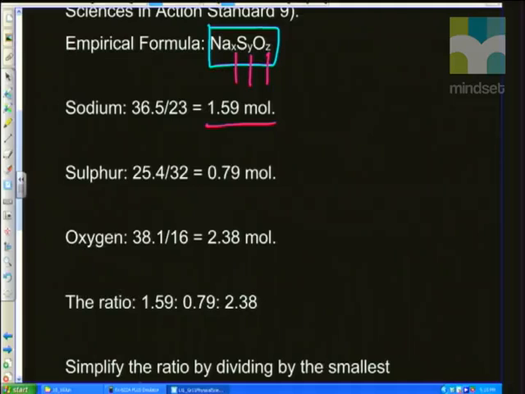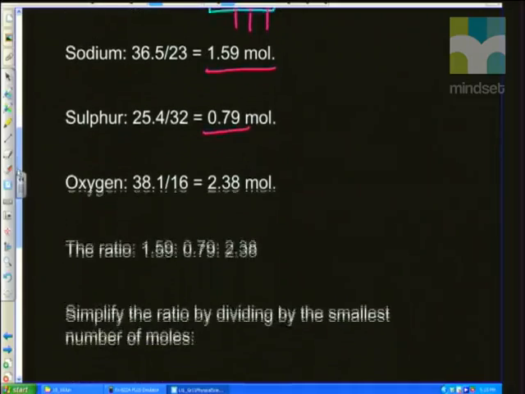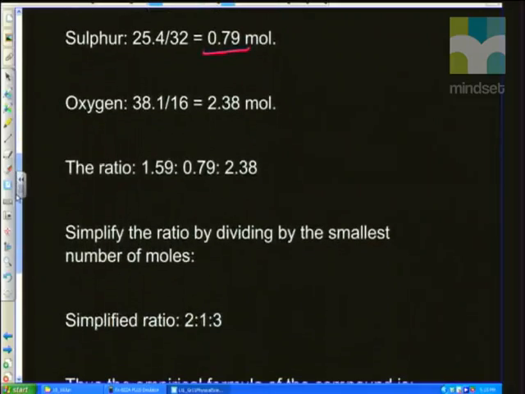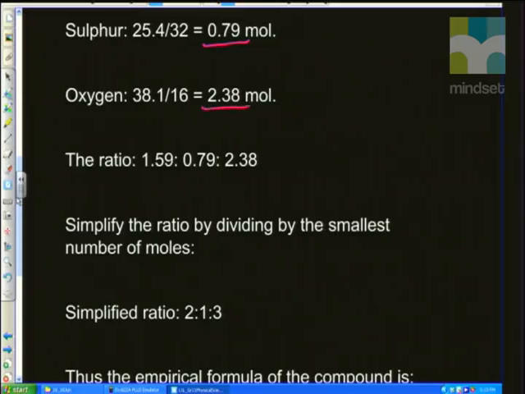We do the same for sulfur. It's 25.4 divided by 32. It gives us 0.79. For oxygen, we do the same. It's 38.1 divided by 16. It gives us 2.38. And the ratio is therefore 1.59, this is sodium, and then 0.79, this is sulfur, 2.38, this is oxygen.